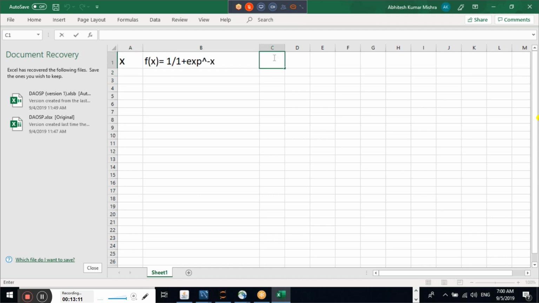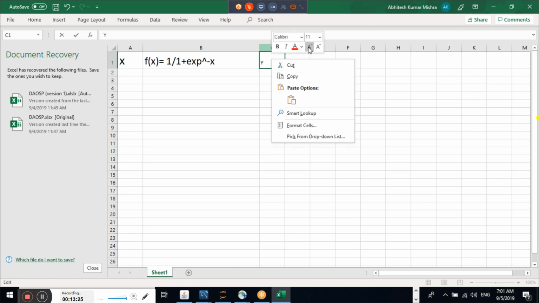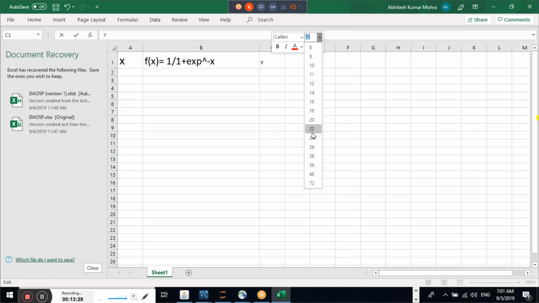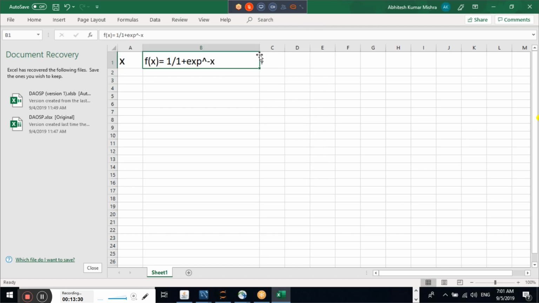Let's suppose the output is y. This is our y.